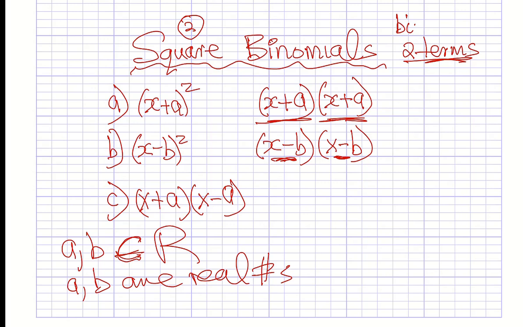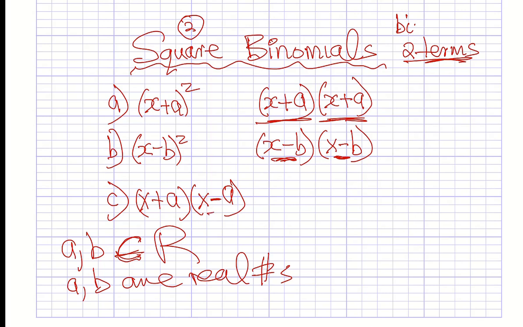Notice that what is unique about this is the x plus a times x minus a. Okay, you see that, right? So you're multiplying a sum with a difference or something like that.